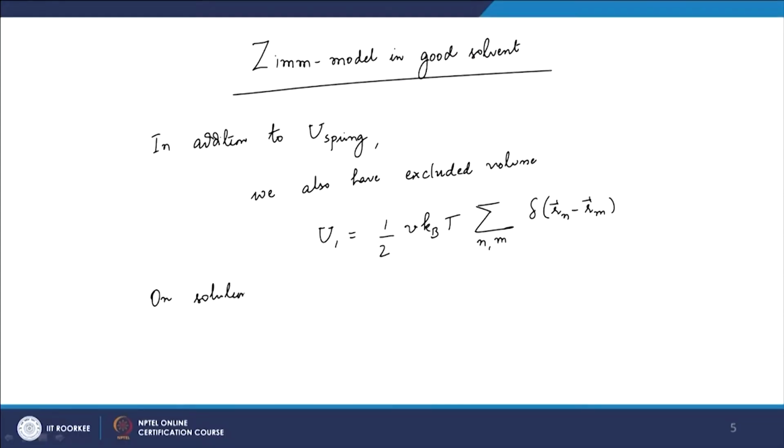So, on solution we will get something like this, where now zeta naught inverse is now proportional to N to the power minus nu, where nu will be like 3/5 for self-avoiding walk and so on.